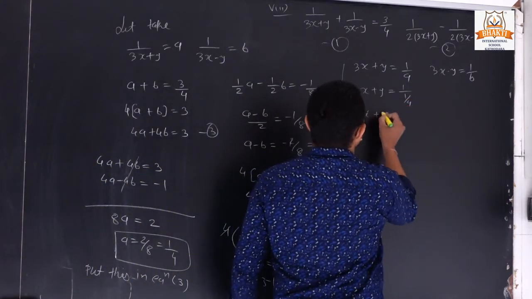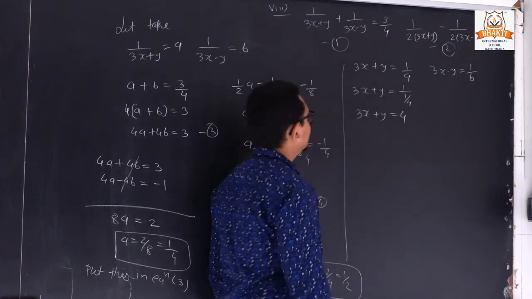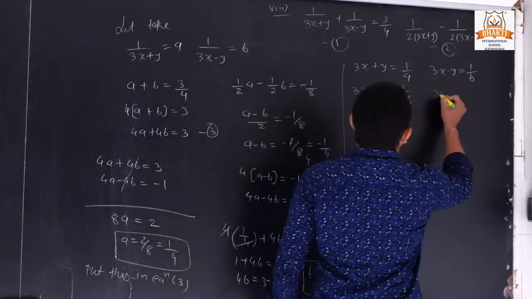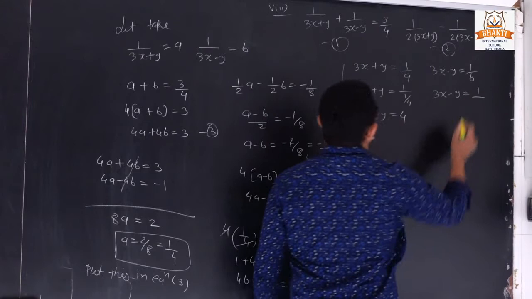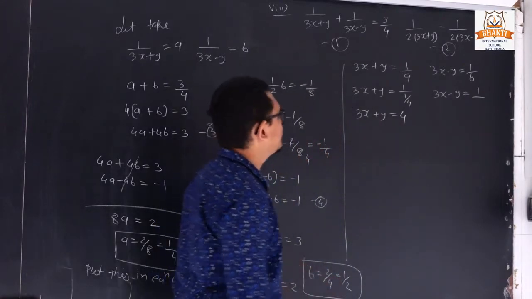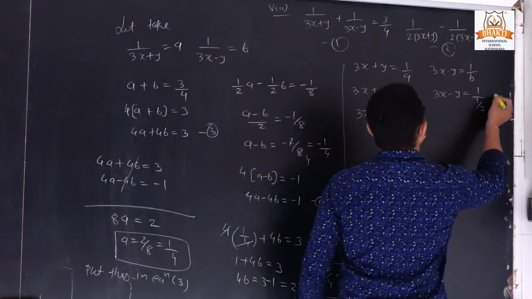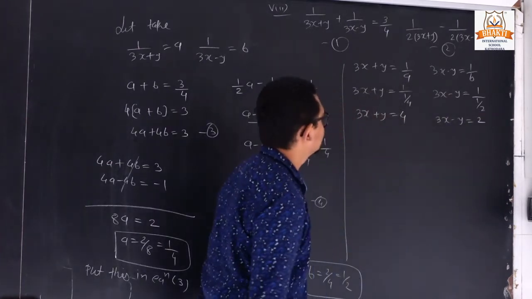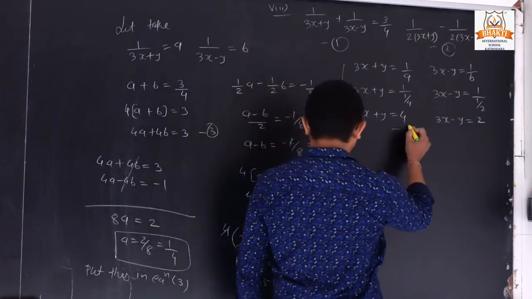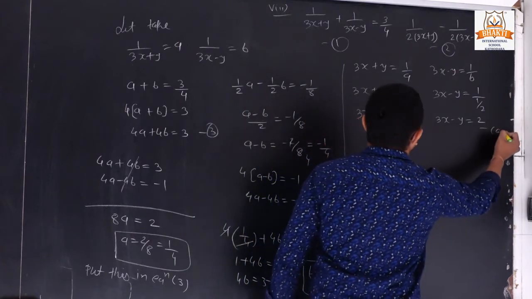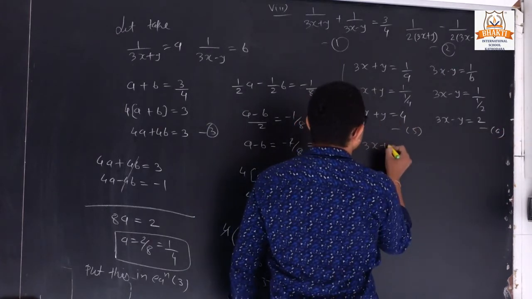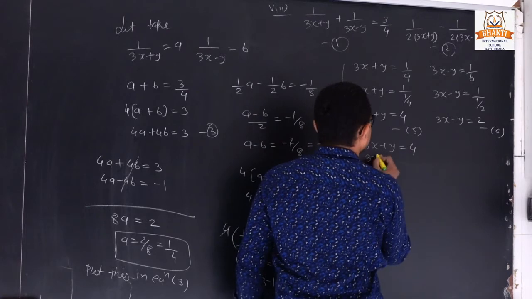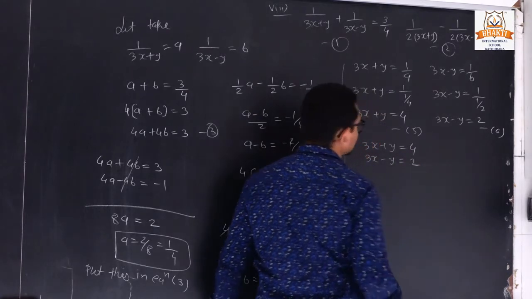So 3x plus y is equal to 4. And second, 3x minus y is equal to 1 upon, what is the value of b? It is 1 by 2. So this 2 is going to the other side. So it is 2. So we can declare it as result number 5 and 6. So 3x plus y is equal to 4 and 3x minus y is equal to 2.